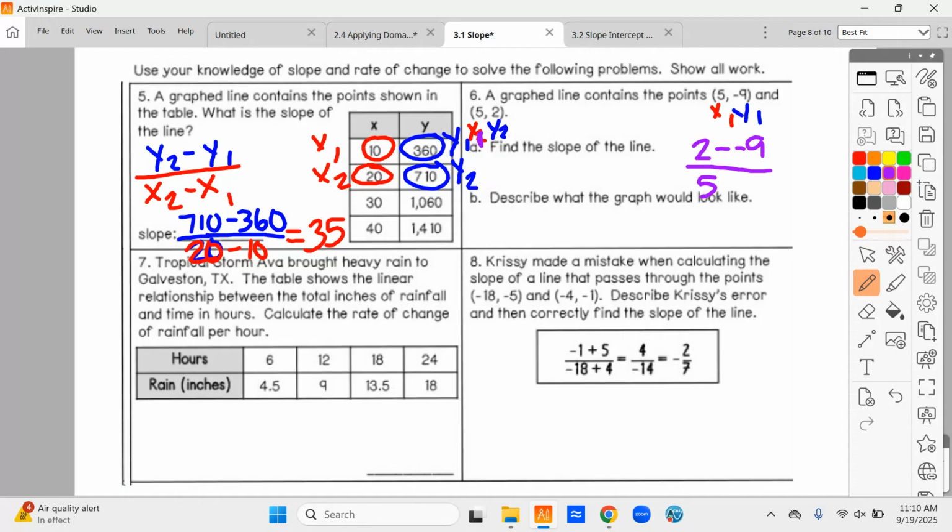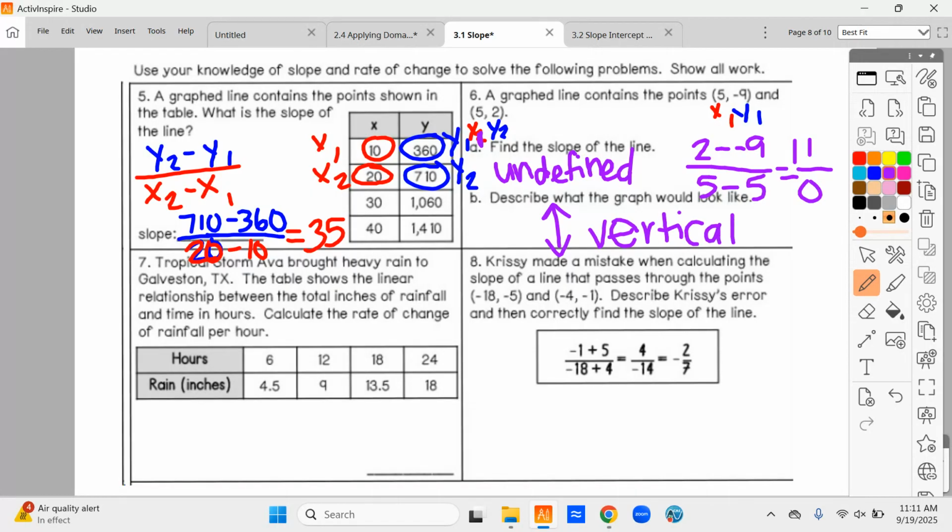And x1 is also 5. Interesting. So that gives me a denominator of 0, no matter what the numerator is, which is 11. If I have 11 over 0, my line is undefined. And I know it because I could type it in my calculator. And if we look back at our notes, this would describe a vertical line.